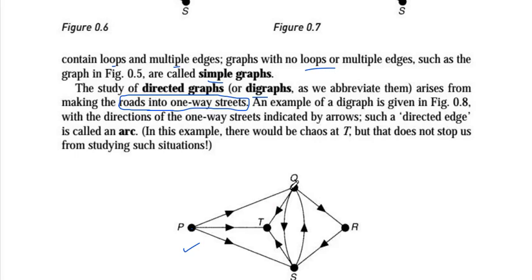If we want to create a two-way road, we have to create a new edge. But between Q and S there is a two-lane road, so we can go from S to Q and Q to S also. So this is the directed graph, with only one-way streets.